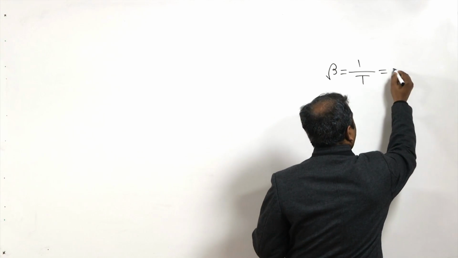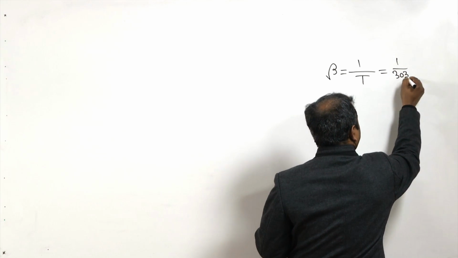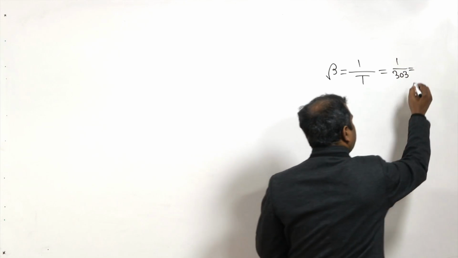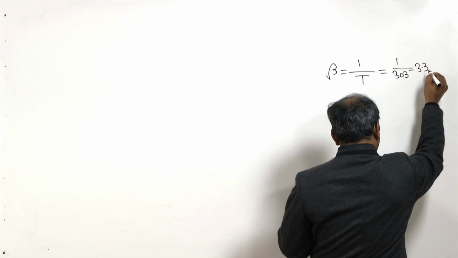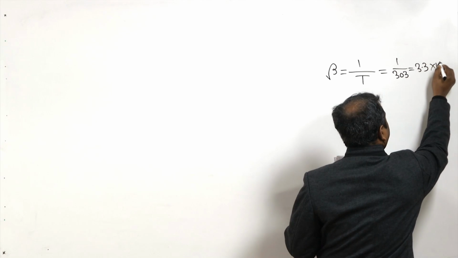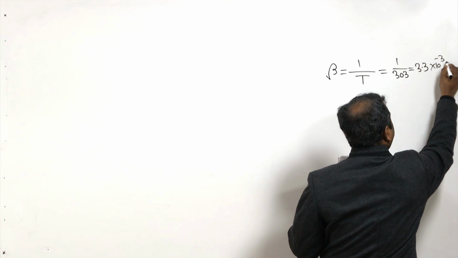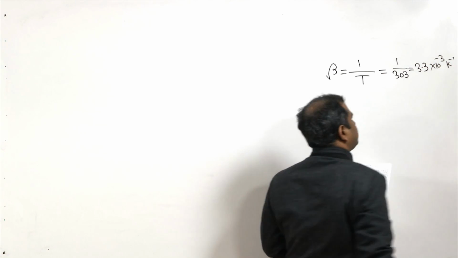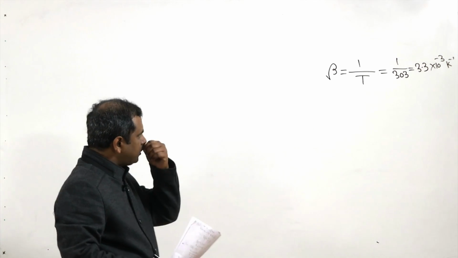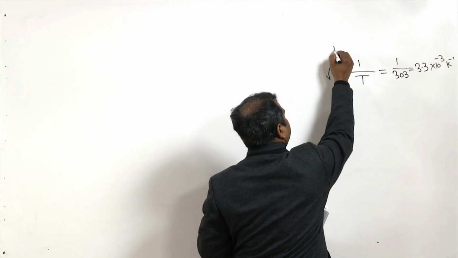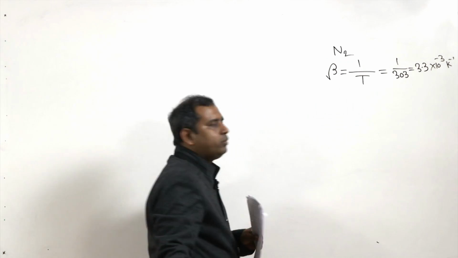So, this is 1 by 303, which is equivalent to 3.3 into 10 to the power minus 3, and unit will be Kelvin to the power minus 1. So, first, evaluation of beta for nitrogen.